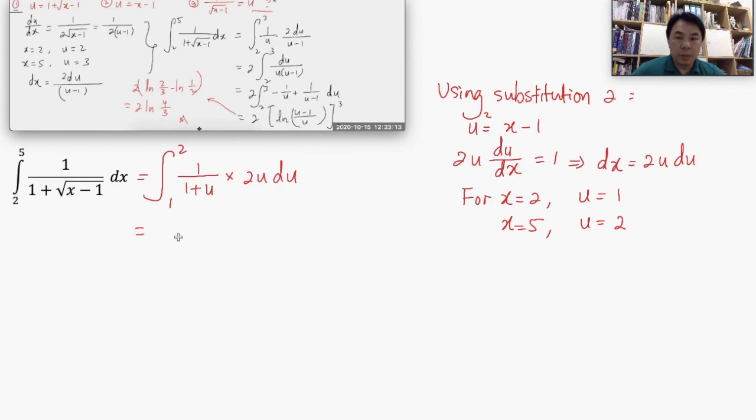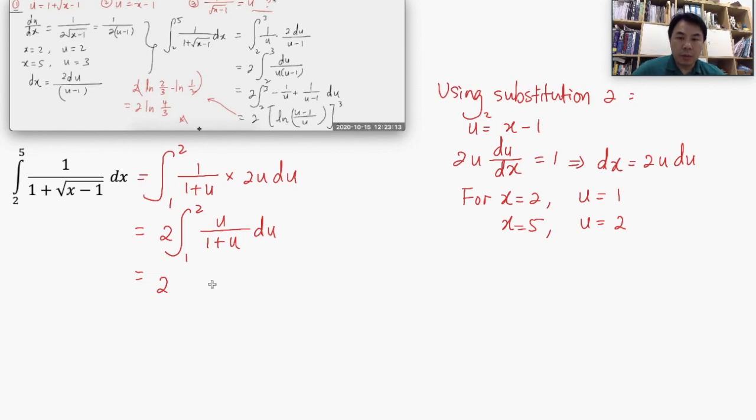Okay, so from here we can rewrite as u over 1 plus u du. Okay, now we know that this is an improper fraction. Therefore, we can write this in its partial fractions form. So I hope that I got this correctly.